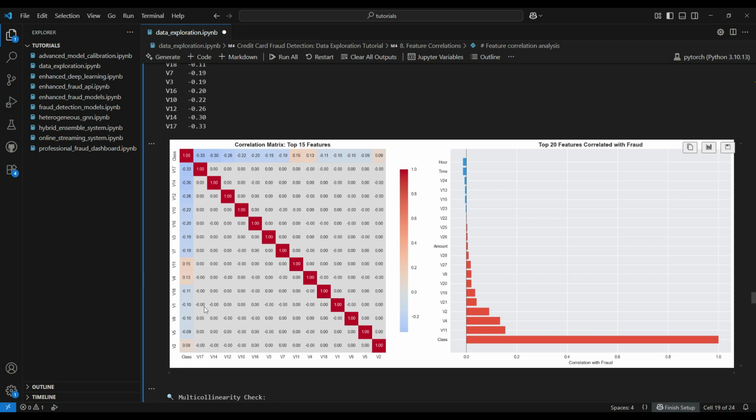So the heat map here shows which features are correlated with fraud. You can see V14, V12, V10 have a moderate negative correlation.